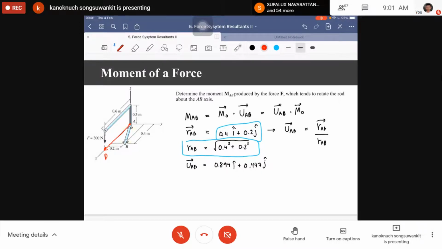because it's directed along the x-axis. So I have only one component, in the direction of i.